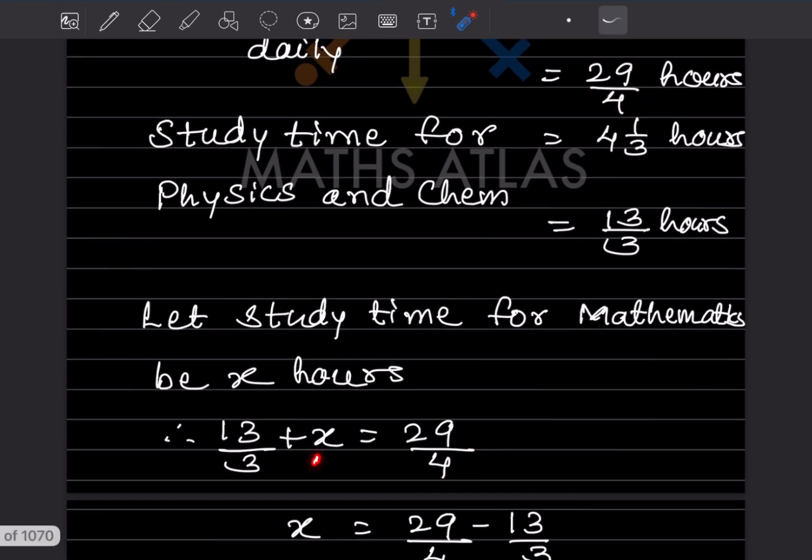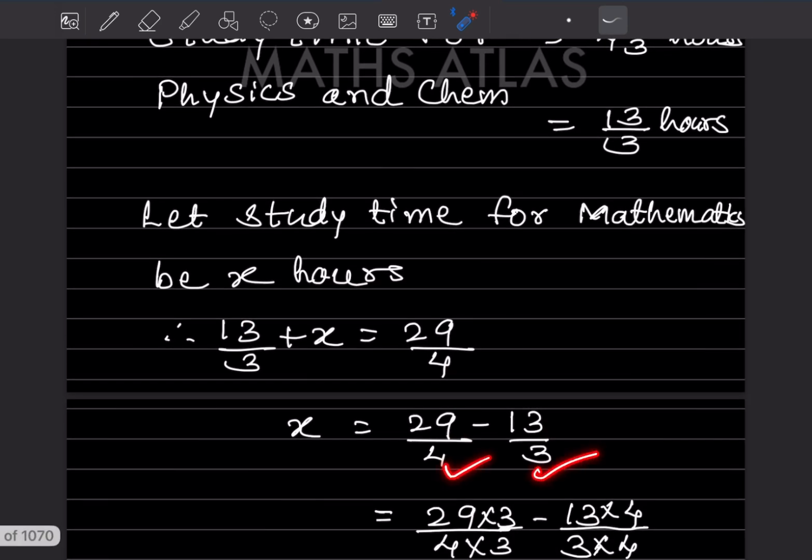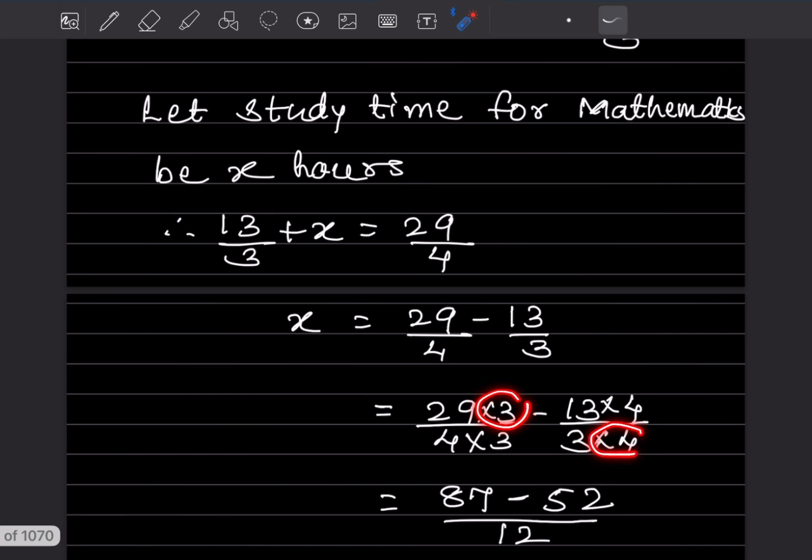So x will be, this is the left hand side and this is the right hand side. Let us keep x on the left hand side. So this will be 29 by 4, and if this goes here, that is going to be minus 13 by 3. We can see the denominators are different, so we'll take the LCM, which will be 12. So this should be multiplied by 3 and this by 4. So this will be 87 minus 52 by 12.